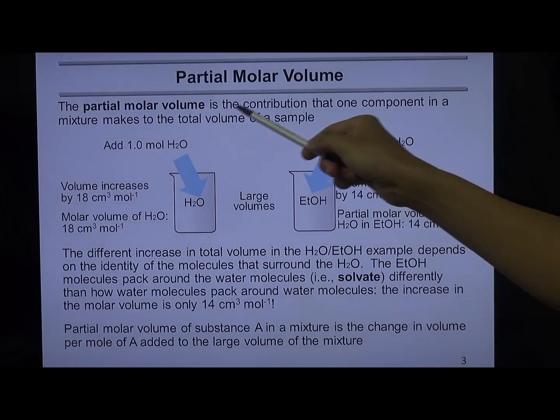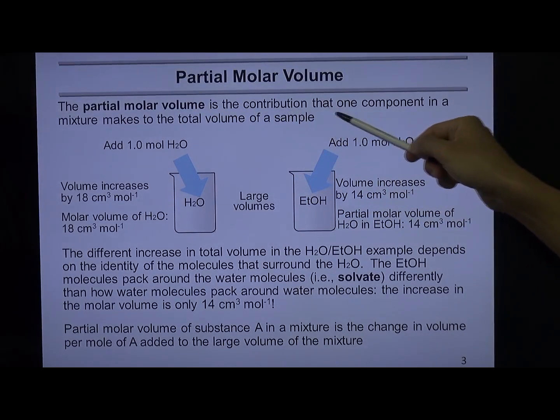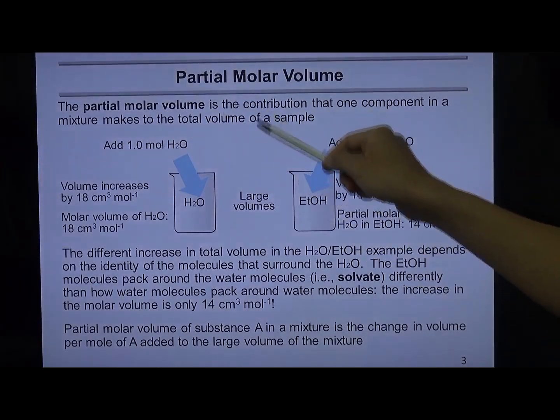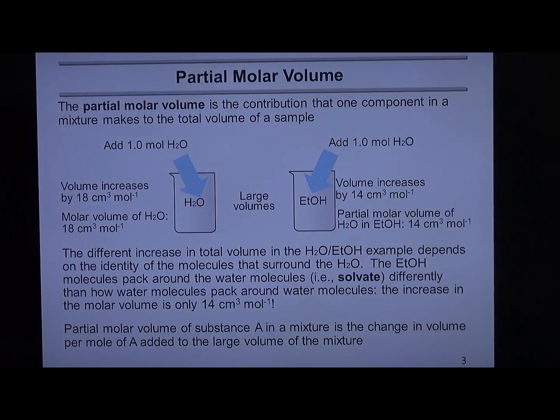Partial molar volume is the contribution that one component in a mixture makes to the total volume of a sample. So, if we mix two different things, volume would increase, right? And partial molar volume is the contribution of one component. Okay? Let's see an example.